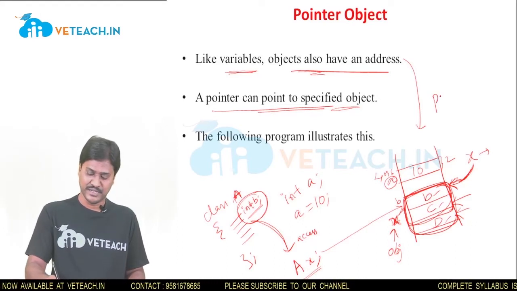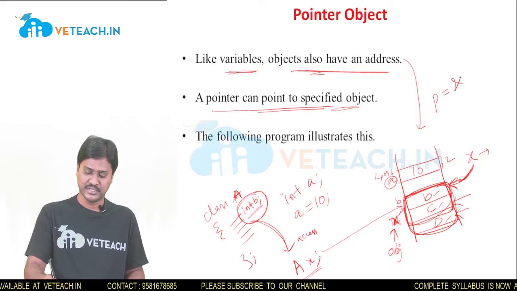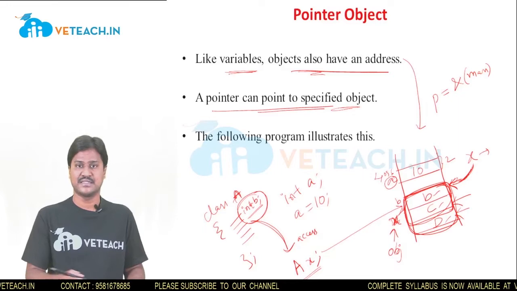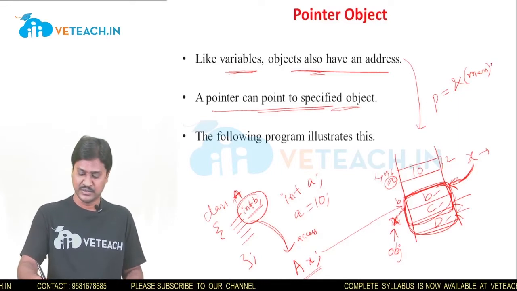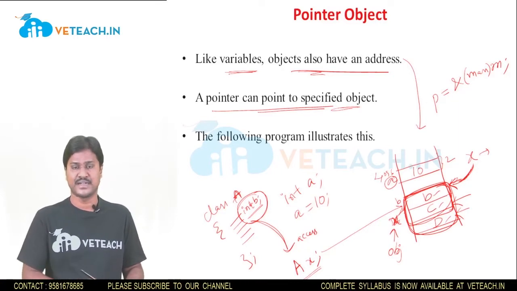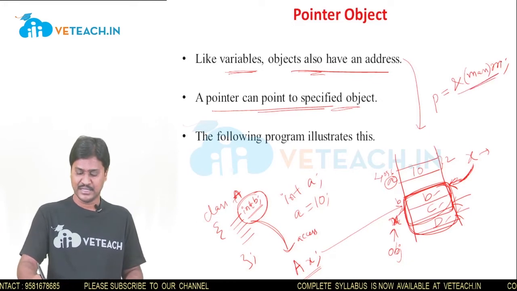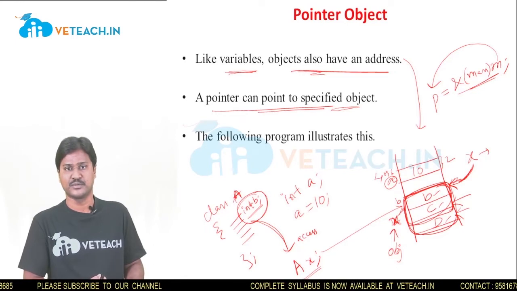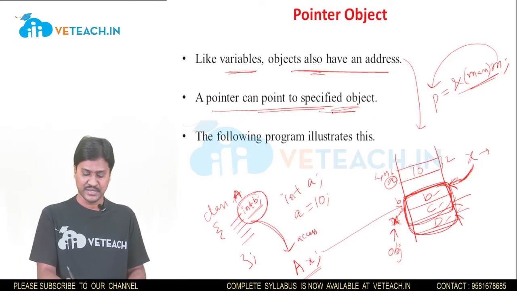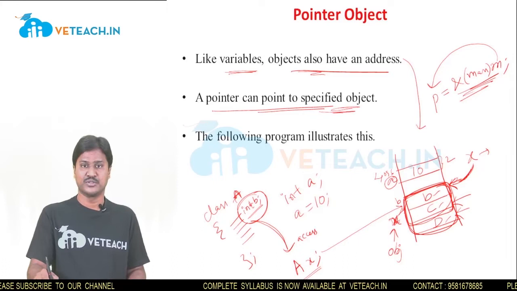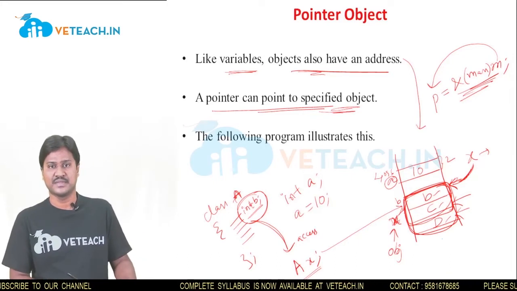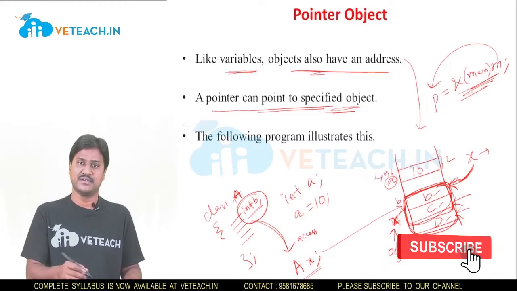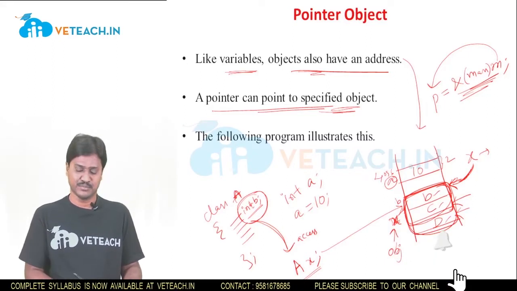For example, P is a pointer, I use the address operator, and man is the class from the previous topic, so M is the object of the man class. This way I assign the address of this object of class man to pointer P. This concept tells about pointer to a class, and in the same way we can assign a pointer to a specified object, and we will see this clearly in the example.